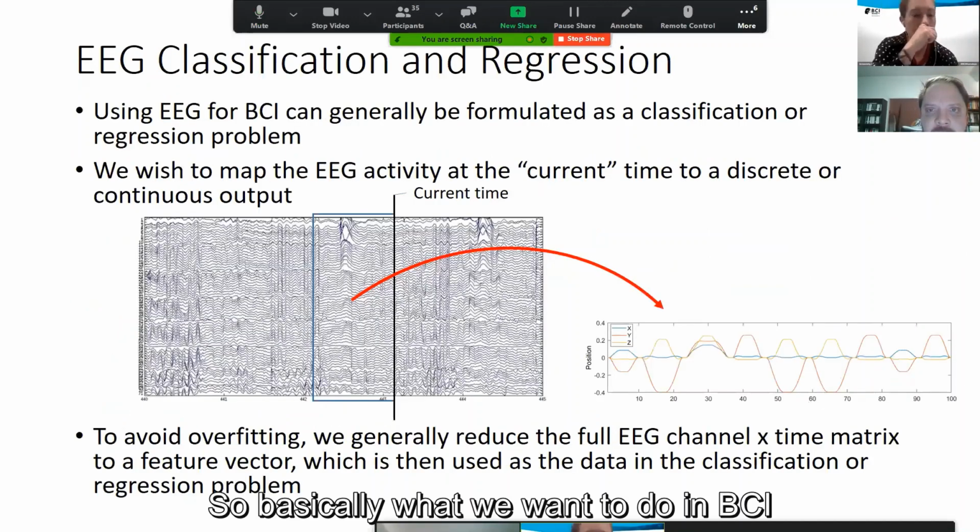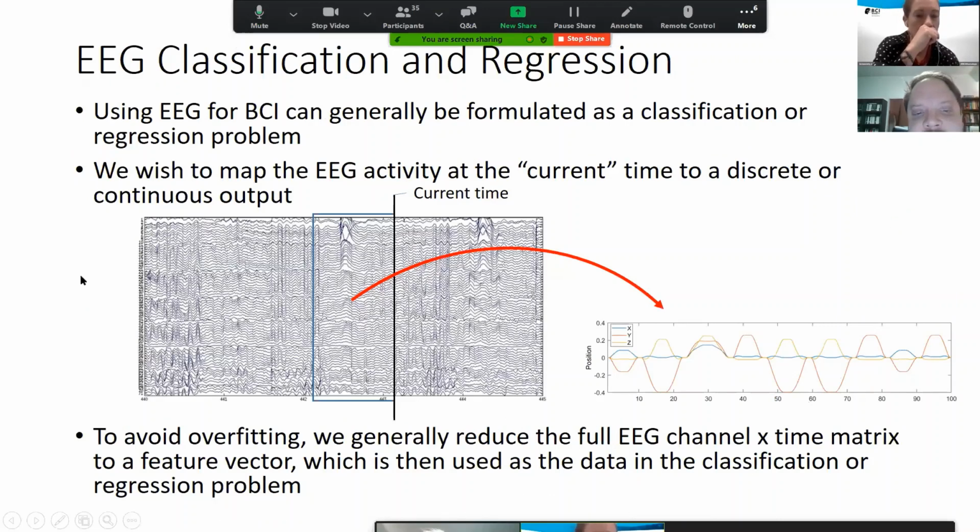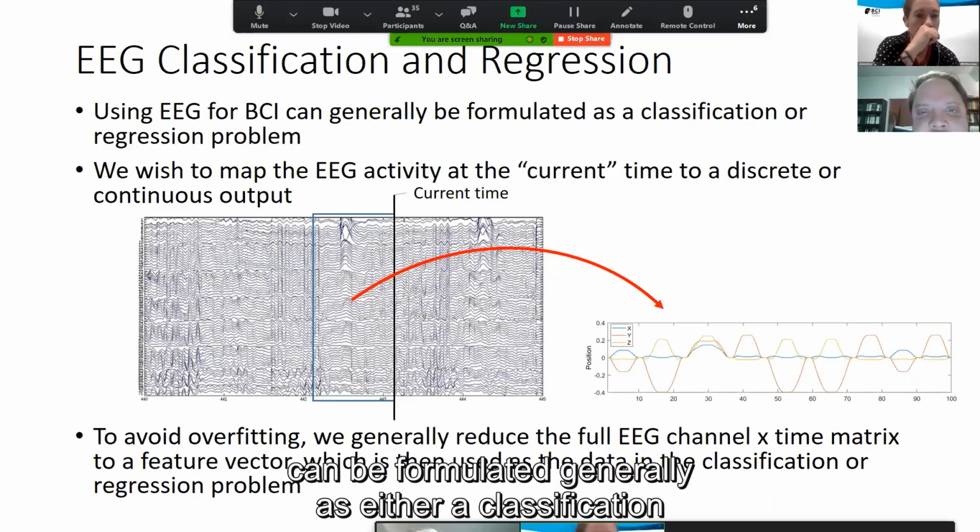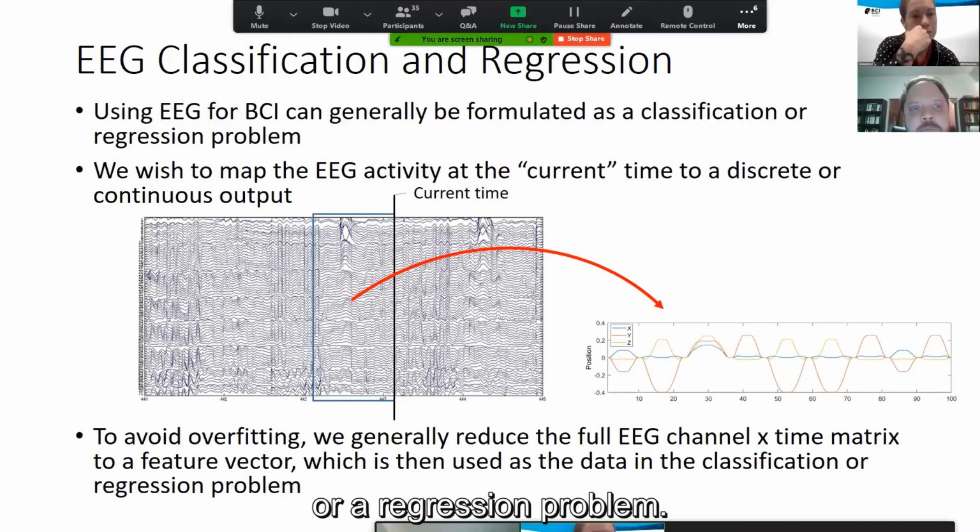So basically what we want to do in BCI can be formulated generally as either a classification or a regression problem.